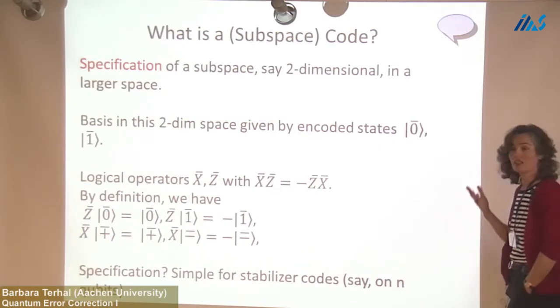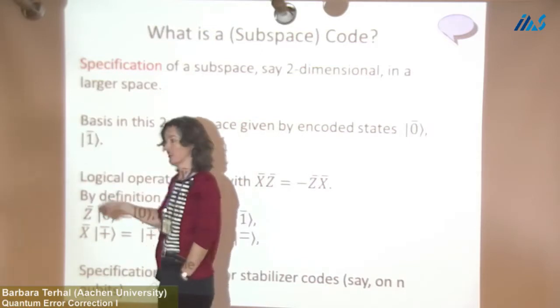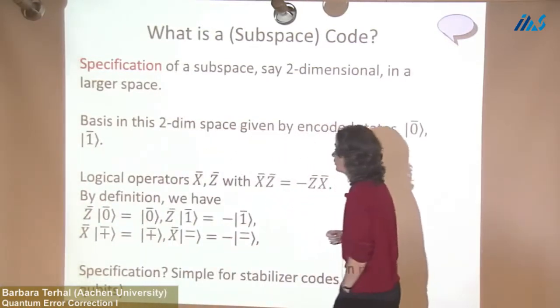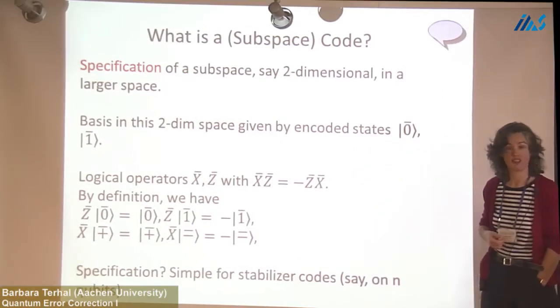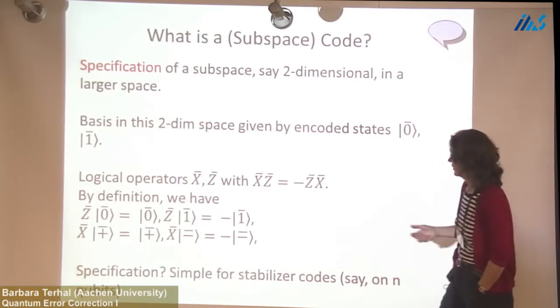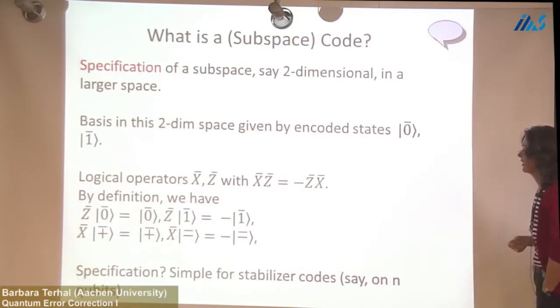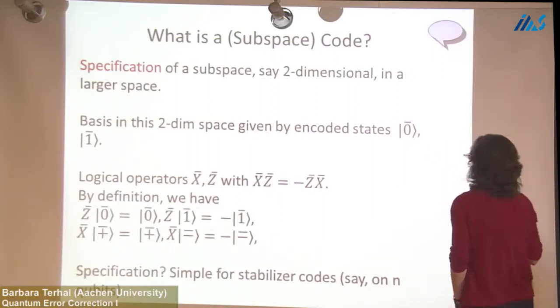So I can discuss operators that are a representation of the Pauli Z and the Pauli X, and of course the Pauli Y. And they should satisfy the same properties that the Pauli Z and X usually obey. So they're anti-commuting, they realize the same algebra. So, of course, that's all well and done.